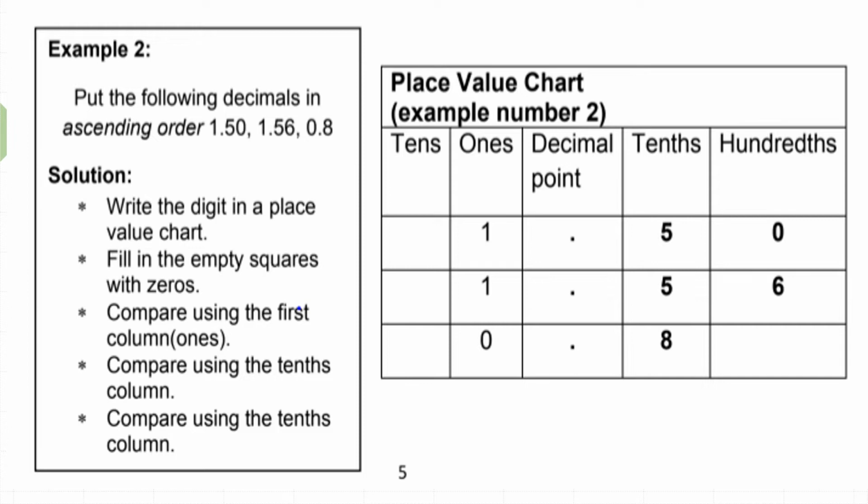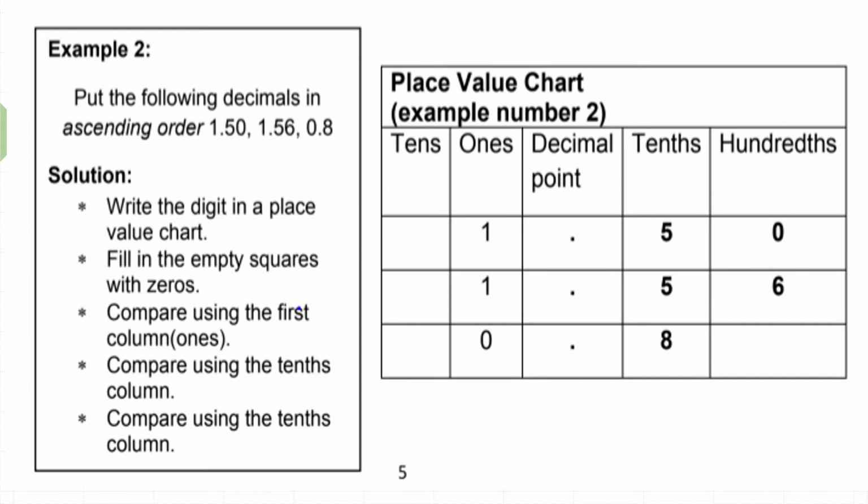We have 1 and 50 hundredths, so 1.50. Then the next is 1.56. And the last is 0.8, that is 8 tenths. By comparing, we already know that the bigger one is 1.50 and then 1.56.